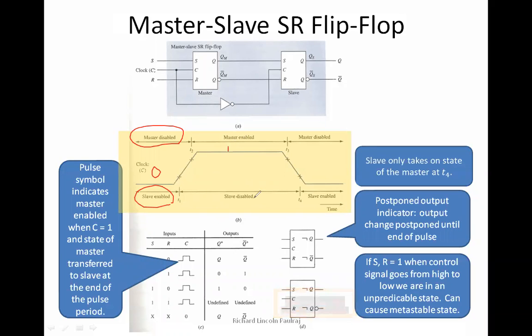Master is enabled, slave is disabled. Next, I will give a low value. So when I give a low value, slave is enabled, master is disabled. Accordingly, the values keep passing from the master to the slave. Always first is master and then slave. That's why they hold the name master and slave respectively. Are these concepts understood? SR master slave SR flip flop. Yes, sir.